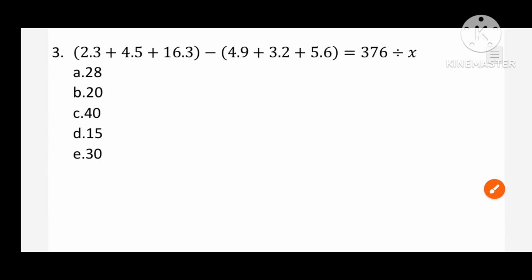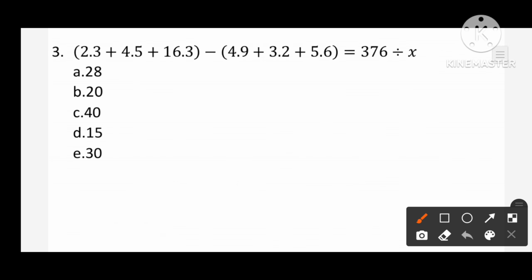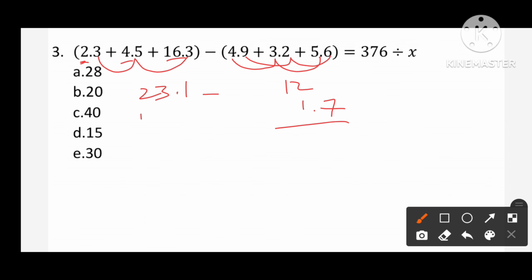Next, question number 3. This is a simplification question, not approximations. 2 plus 4, 6, 6 plus 16, 22, and here we have 1.1, so 23.1 minus 4 plus 3, 7, 7 plus 5, 12, and 1.1, 1.7, 1.7 means 13.7.